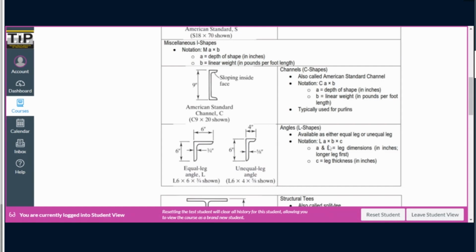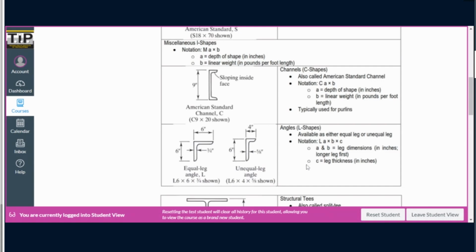Usually, in case of unequal angles, we go with the longer leg first. So, for example, L 6 by 6 means the leg dimensions are both 6. For unequal, L 6 by 4 means the leg dimensions are 6 and 4.